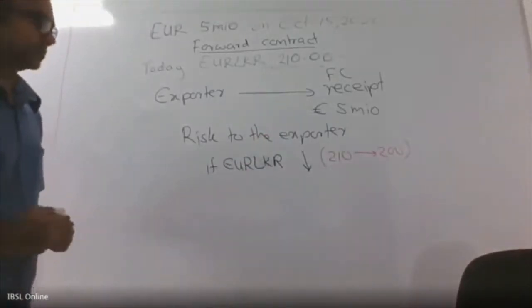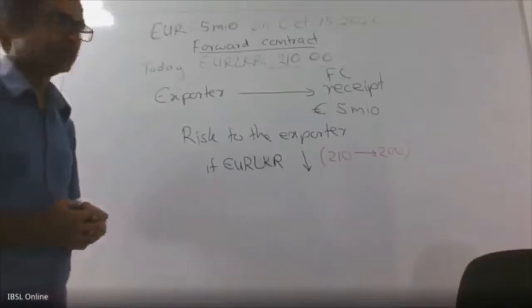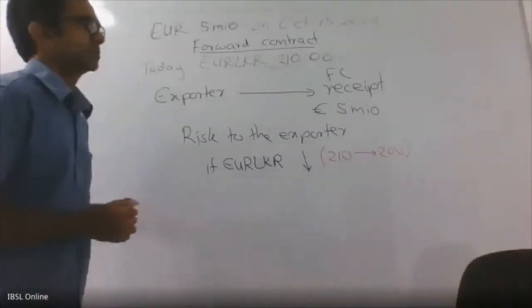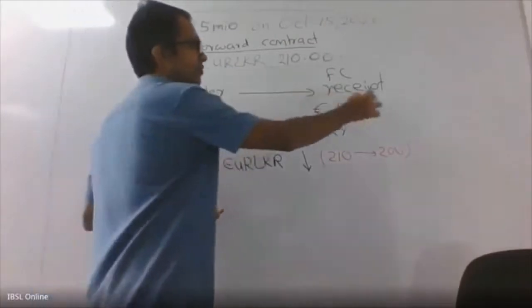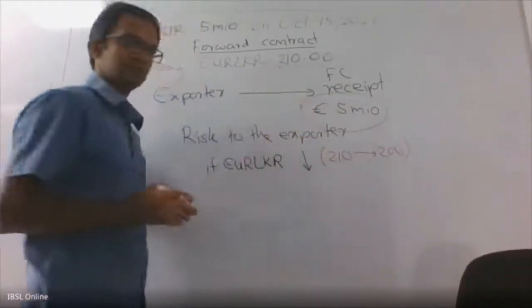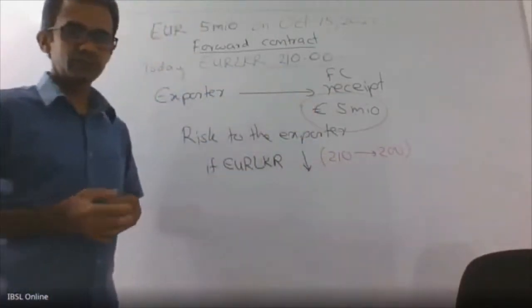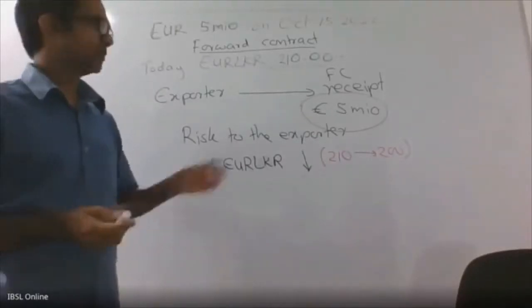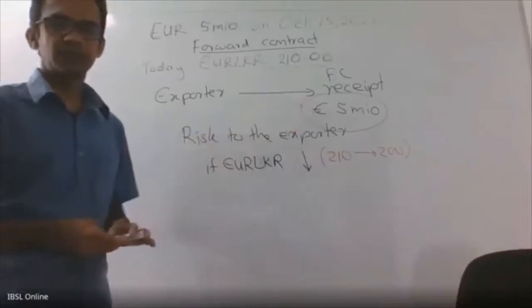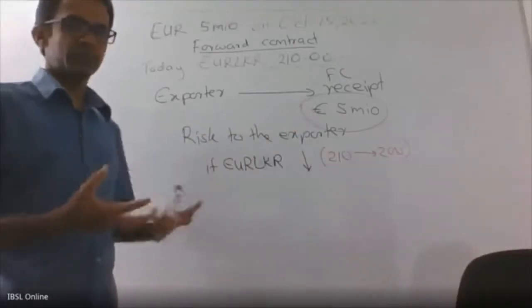What should he do in a forward market, forward transaction? When he receives that Euro 5 million, what should he do to get rupees? On October 15th, he receives Euro 5 million, but he needs rupees.